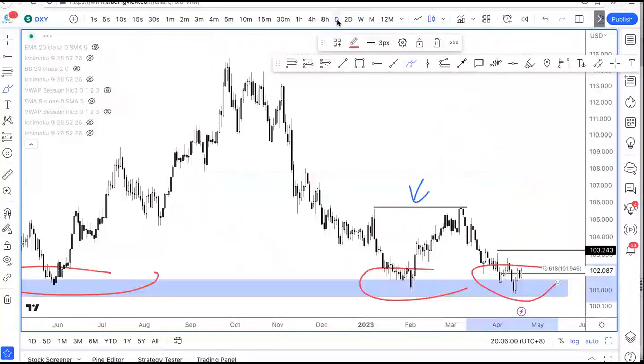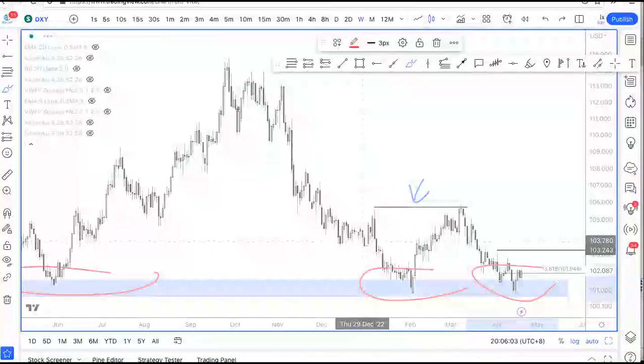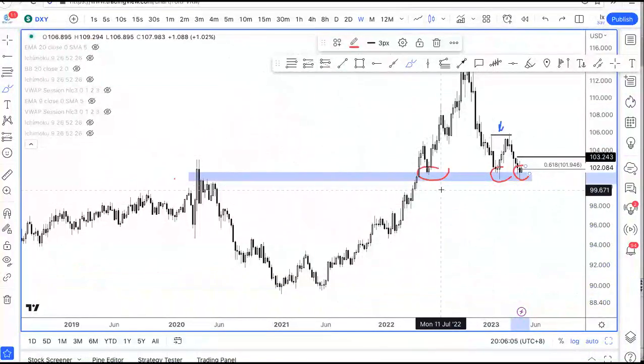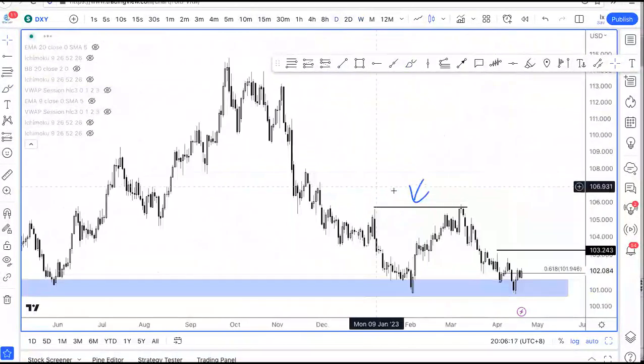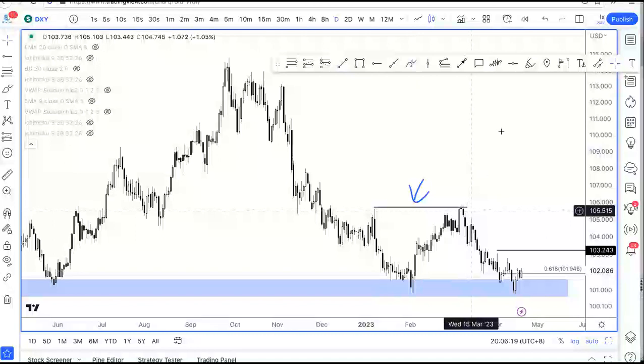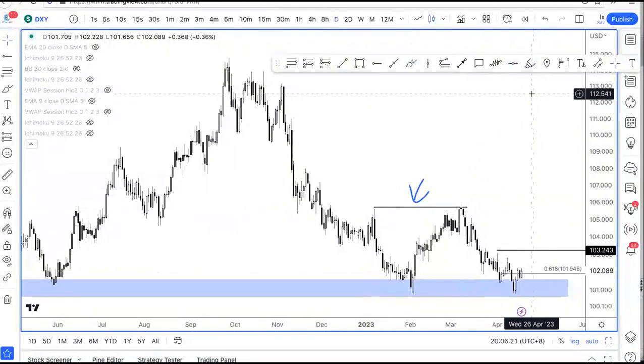So down to the daily time frame. As always, if we're seeing any signs of reversal, we will first see that change in structure on the daily time frame. If you take a look at the daily time frame, we can see that currently prices are still holding below a descending channel. On the daily time frame, I just want to focus on the most recent price development.